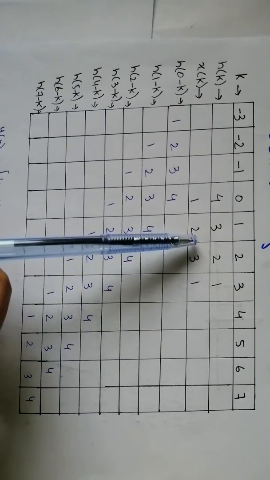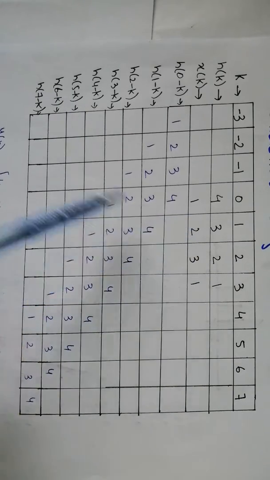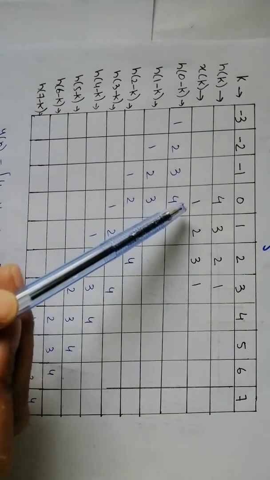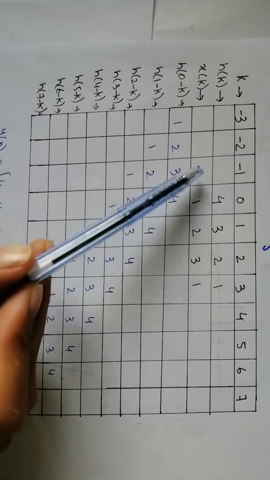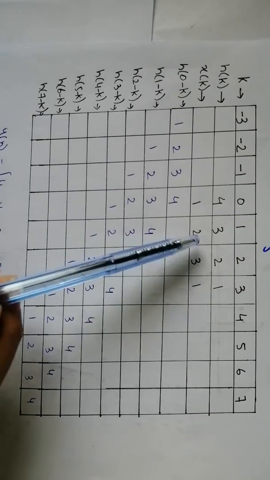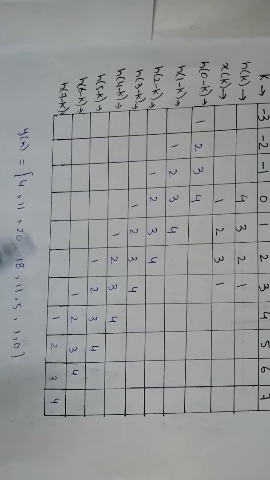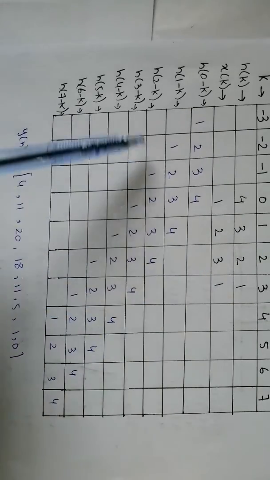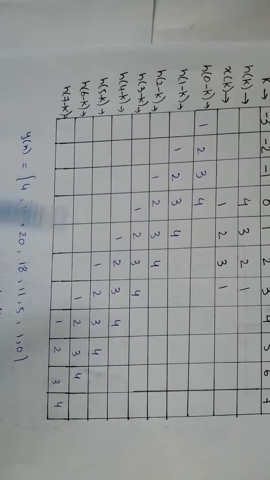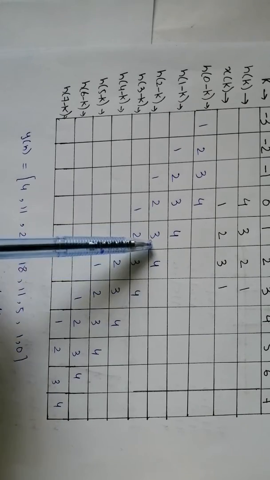So here you can see that if you multiply it now, 2 will be multiplied by 4, and 1 will be multiplied by 3, and every other value will be 0, and we will get 3 plus 8, which is 11. Next, for 2 minus k, we will shift this by 2, that is 2 values will be on the positive side.